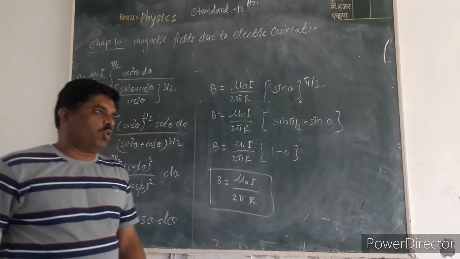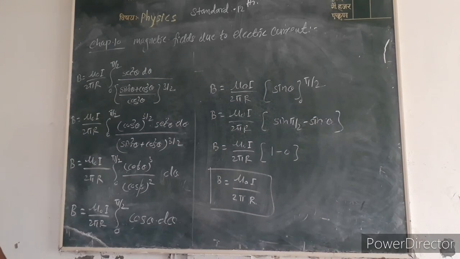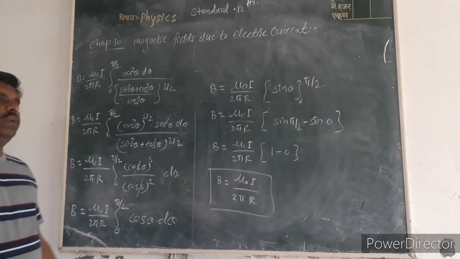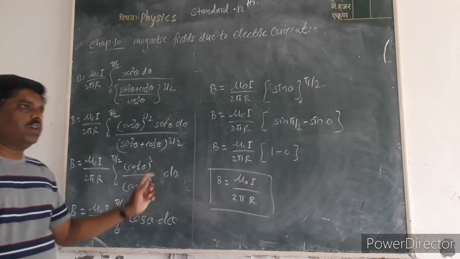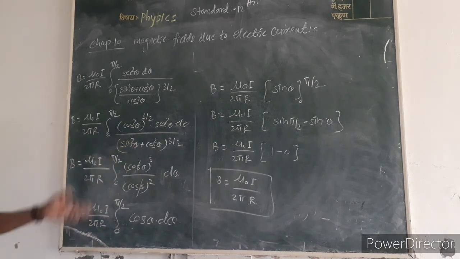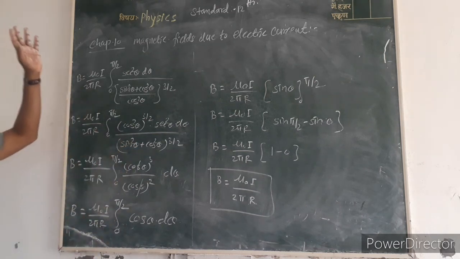This is the total magnetic induction at point P produced around the wire, and that wire is a long straight wire.